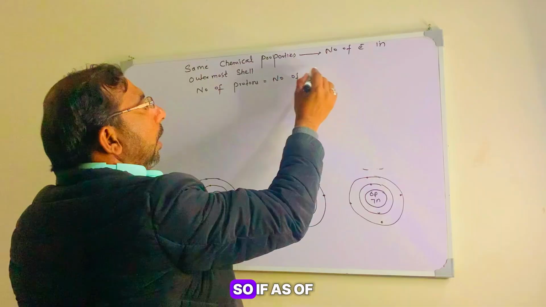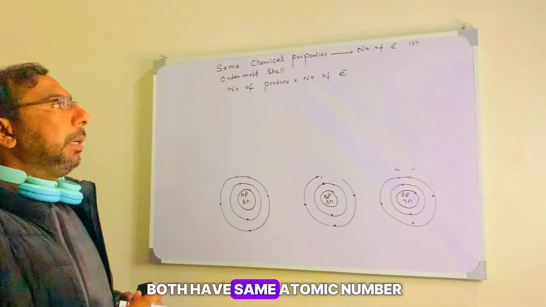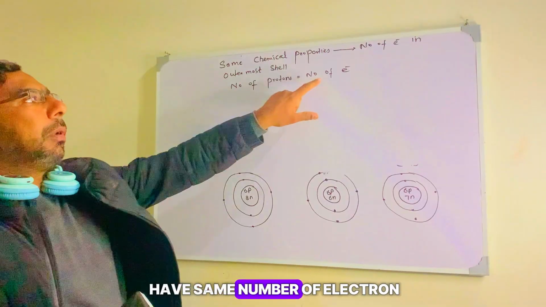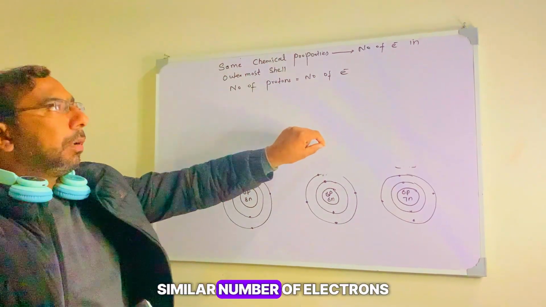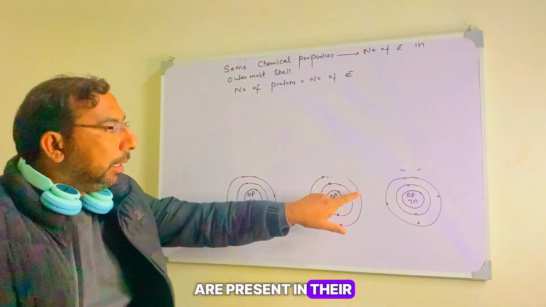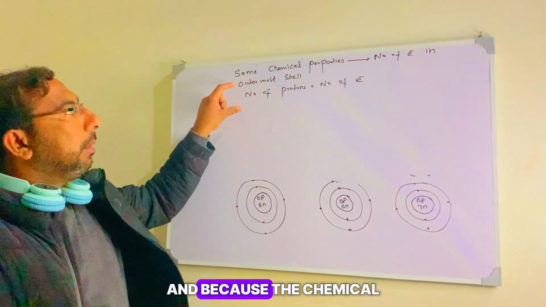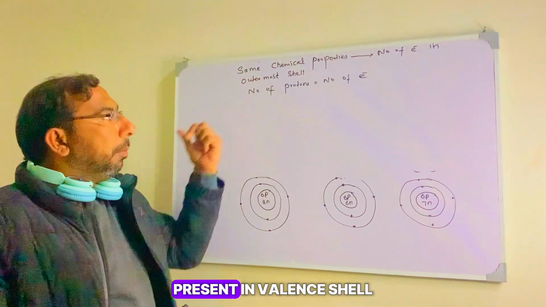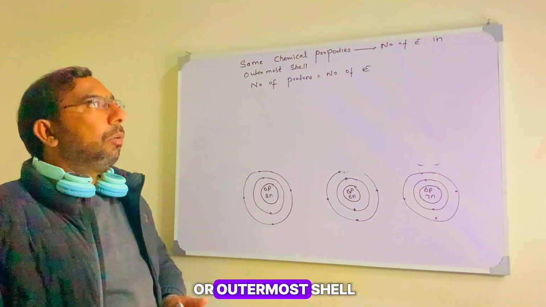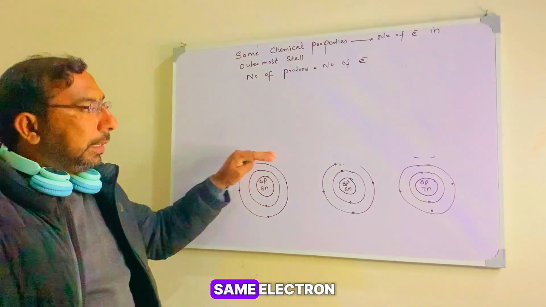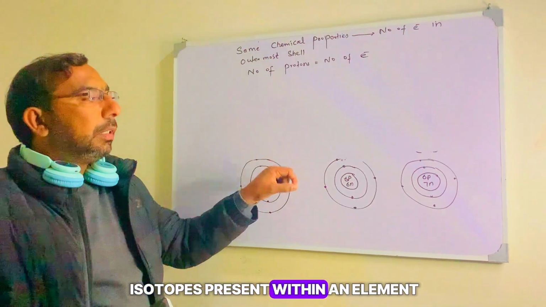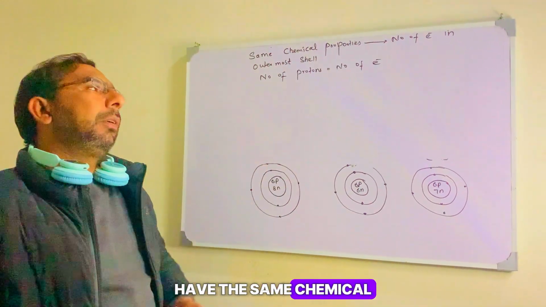So if isotopes have the same atomic number, they have the same number of electrons, and a similar number of electrons is present in their outermost shell. Because chemical properties depend upon the number of electrons in the valence shell, all the isotopes of an element have the same chemical properties.